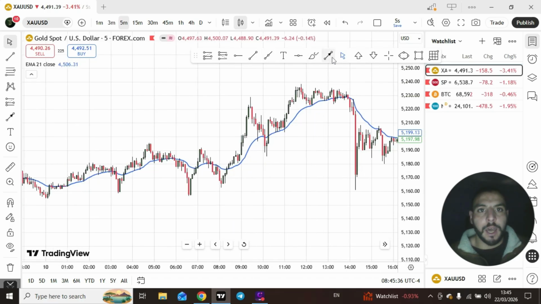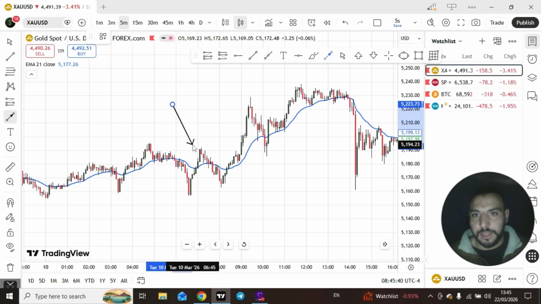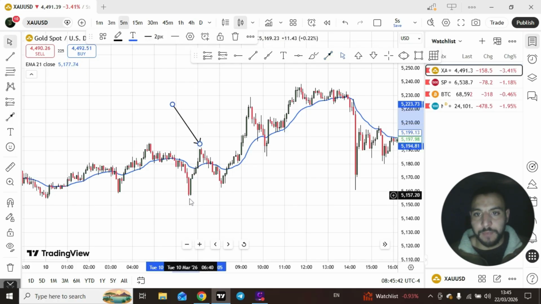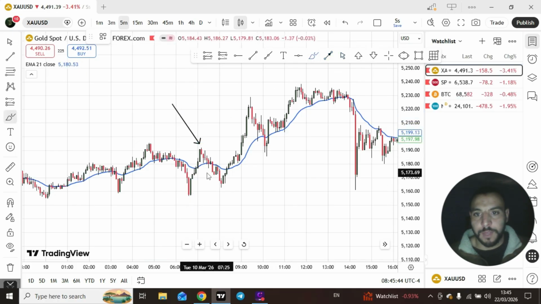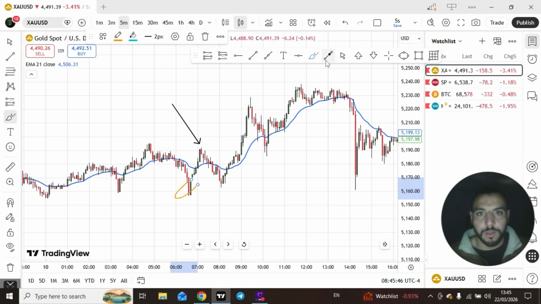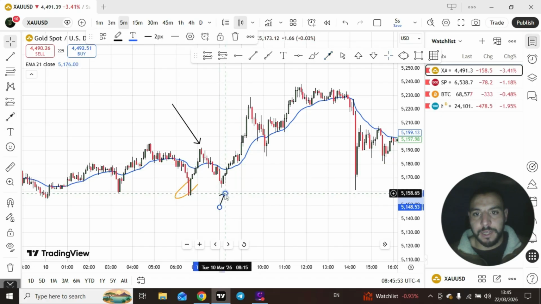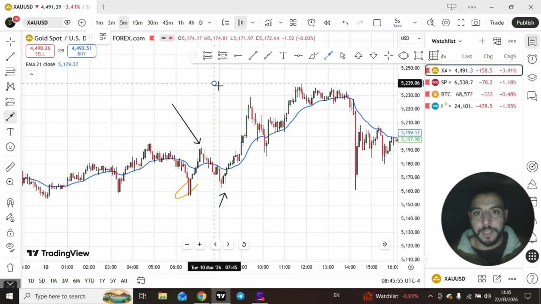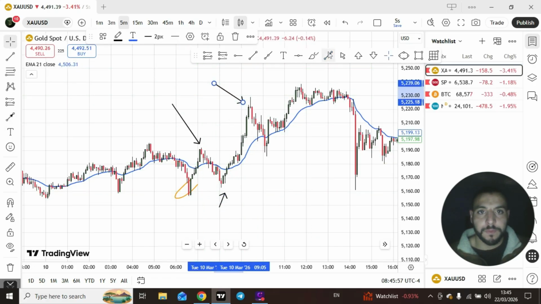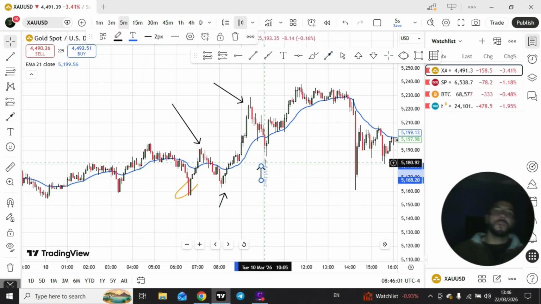This is a high because we had a rejection right here. Then this is a higher high, a higher low. We have it again, a higher high, higher lows, and the market keeps moving.